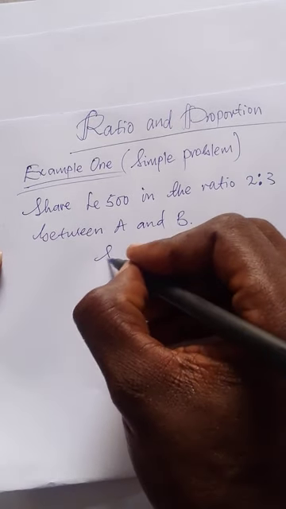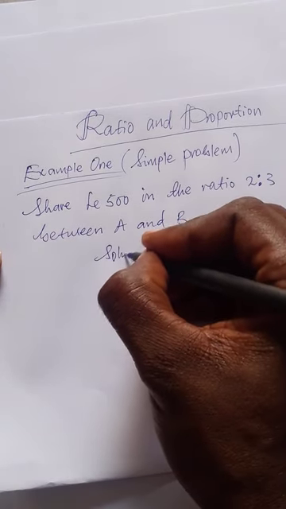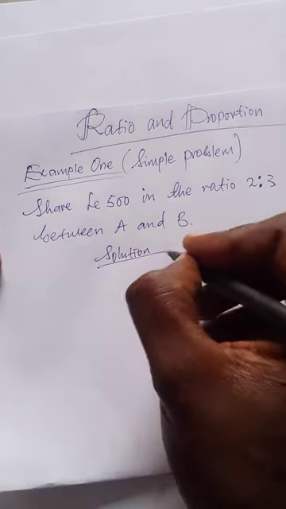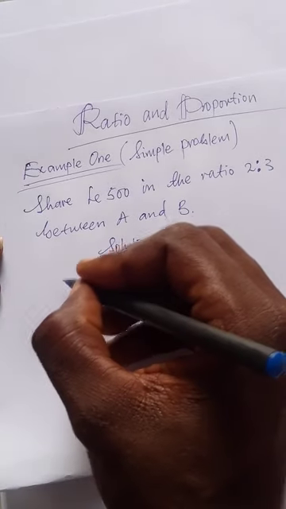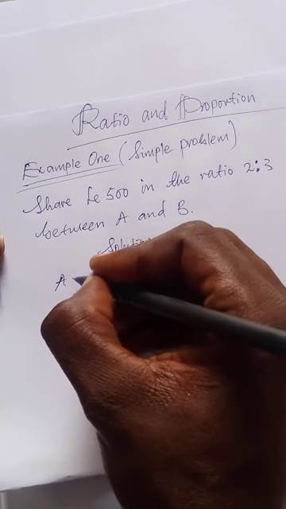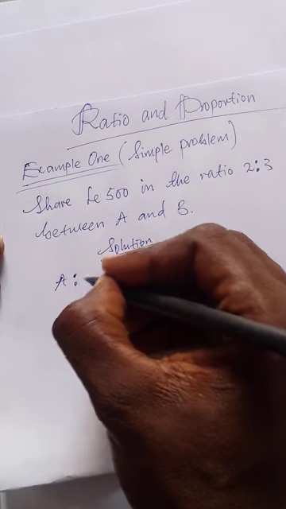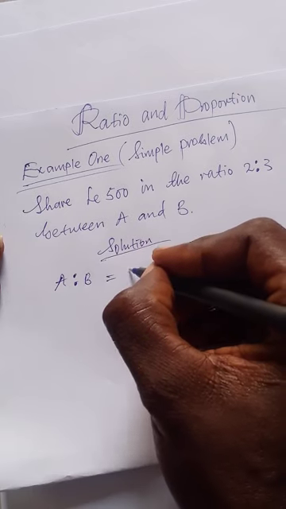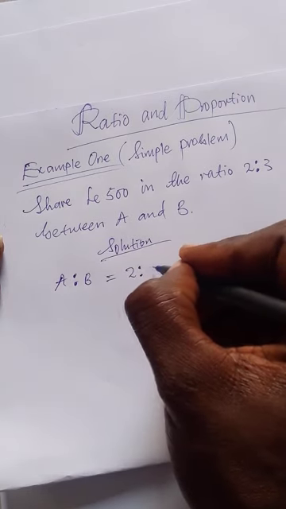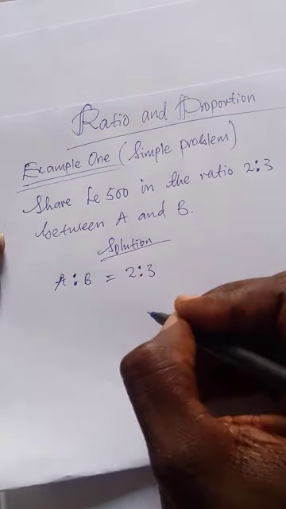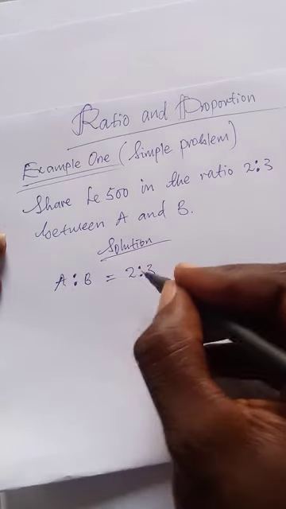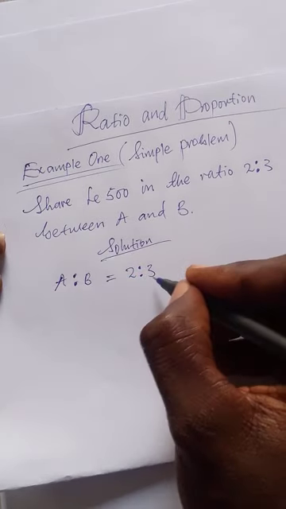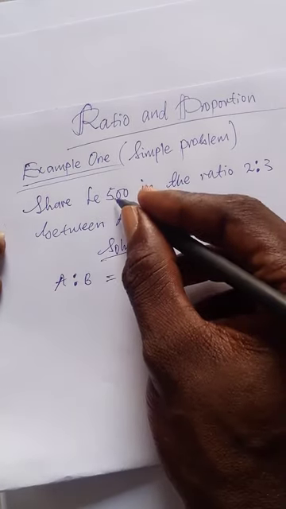Now, let's say solution. Now let's bring the two people, A to B. What is their ratio? 2 to 3. Which means A has 2, B has 3 portions of this sum.